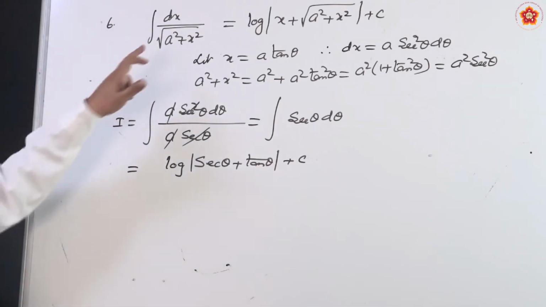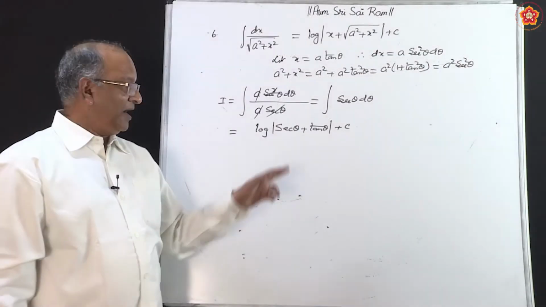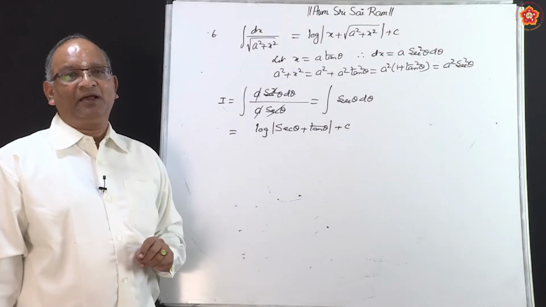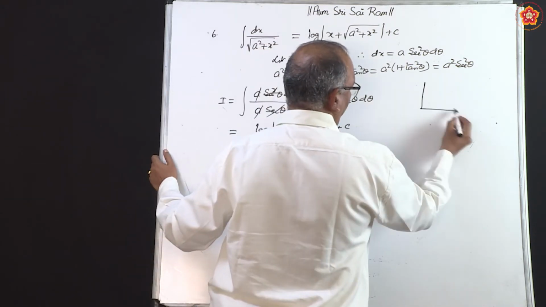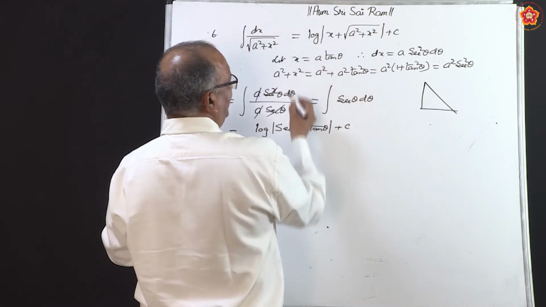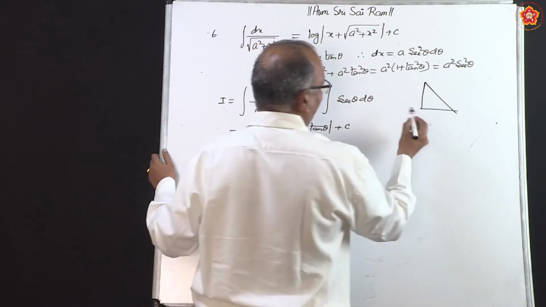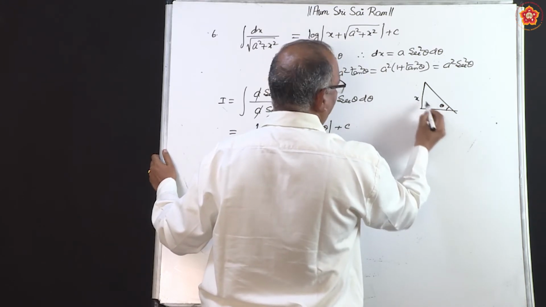But remember, what is given, the function, is in terms of x. What we are getting is in terms of theta. So, once again just draw that small triangle. Remember x is a tan theta. So, if you bring a here, you get x upon a equal to tan theta. And what is tan theta? Perpendicular by base. So, it is x by a.